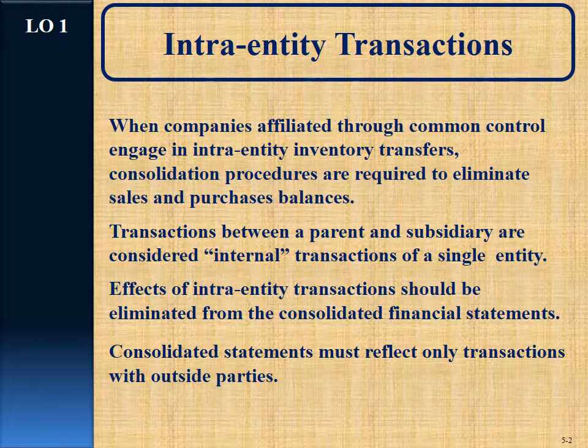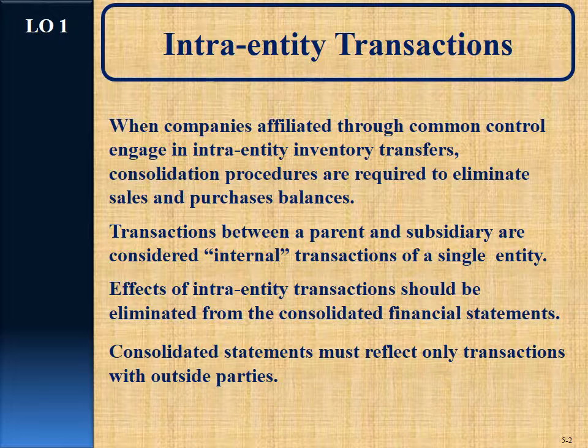And the special accounting we need to concern ourselves with each of those types of transactions. So when affiliated companies through common control engage in intra-entity inventory transfers, consolidation procedures are required to eliminate the sales and purchases balances, because you would be reporting twice as much revenue, twice as much expense, basically of the same amount. So transactions between its parent and subsidiary are considered internal transactions of a single entity.